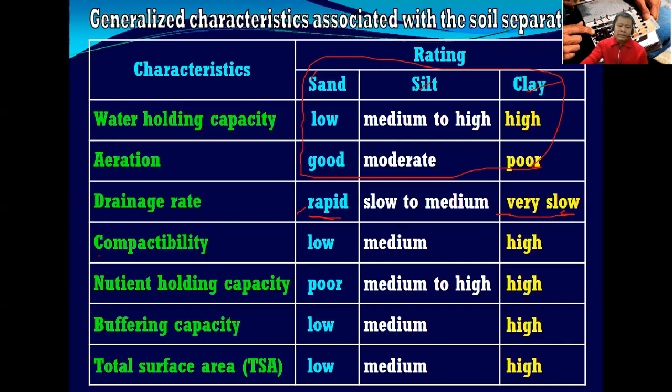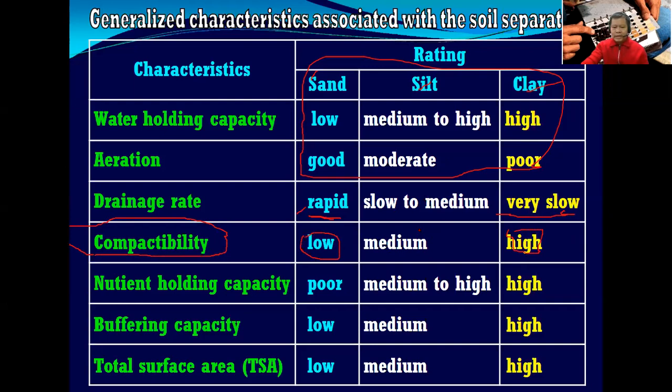So compactability, yung parang mugahi siya, no? Compactability. So madali mag-compact itong clay, no? Mas compact itong clay, pero hindi gaanong compacted itong sand. Mahirap i-compact yung sand. Kung mayroon kang sand, try it to compact, di ba? Mahirap, hindi siya mag-aggregate, hindi siya mag-kumpol.